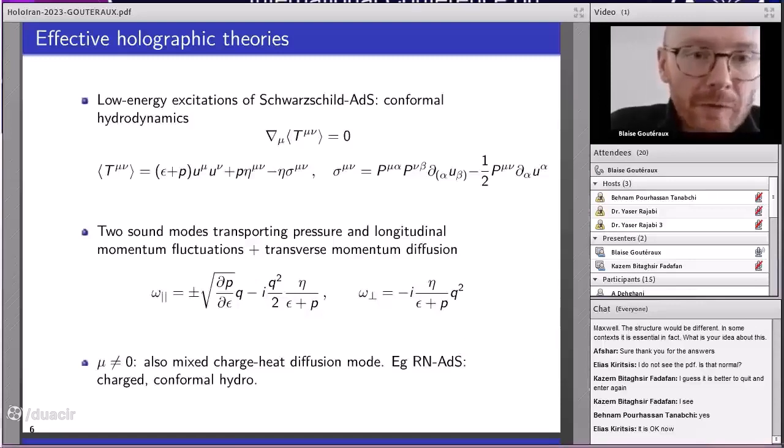There's a term which is the pressure times the Minkowski metric eta_mu nu. And then there's the viscous correction, which is the only one that exists for conformal hydrodynamics, which is the shear viscosity times the shear tensor, and the shear tensor is this transverse traceless combination of derivatives of the fluid velocity.